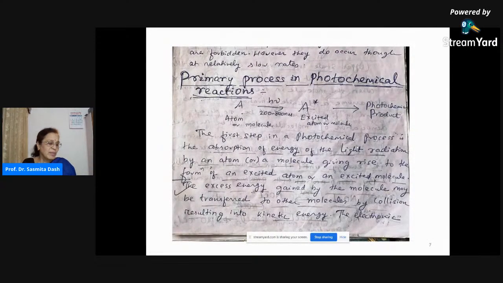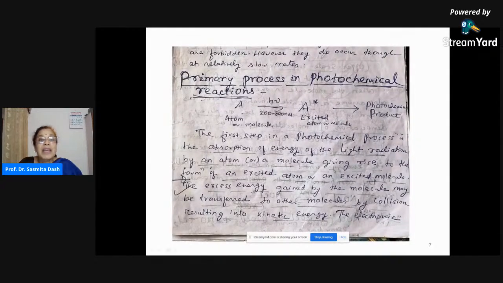Next, we will describe the entire process of photochemical reaction by dividing it into two different processes.